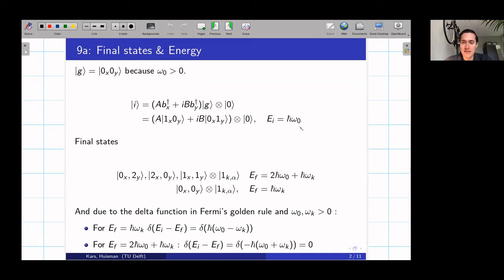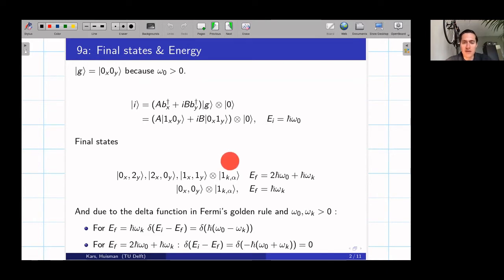The first excited state has this energy, h bar omega 0. And if you let the interaction Hamiltonian work on it, you can find these states here, and they all have energy 2 h bar omega 0 plus h bar omega k.